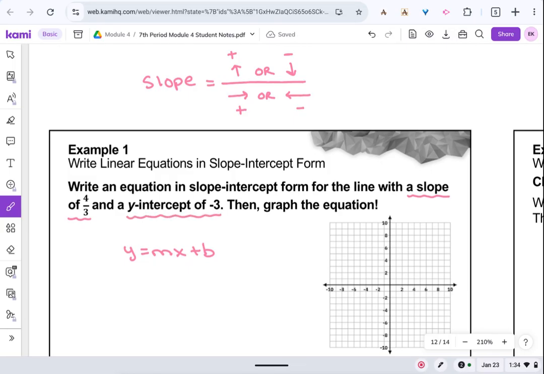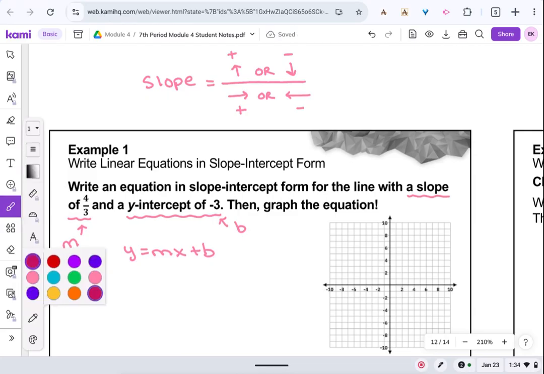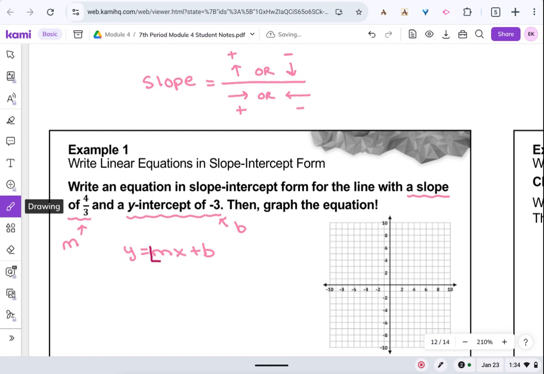So just as a reminder, the letter for slope is m. So that means that 4/3 is going to be going in our m spot. And then y-intercept, that's our new one. That's going to go in the b spot of my slope-intercept form. So here we're going to take out the m and we're going to take out the b and replace them with the numbers we're given.